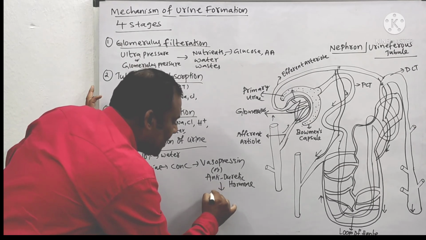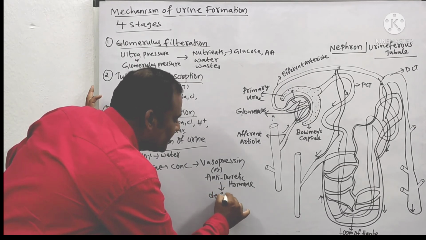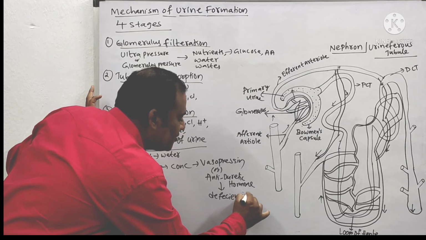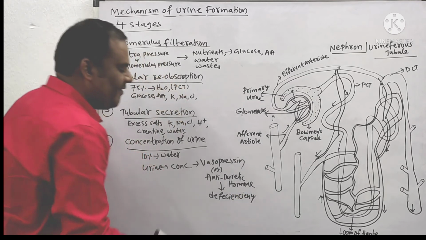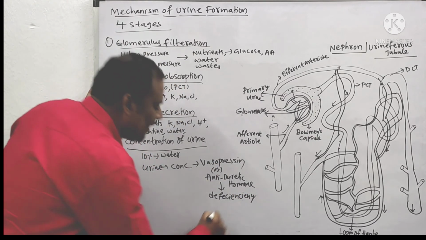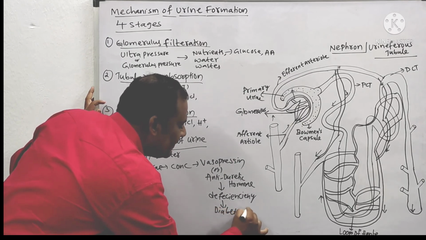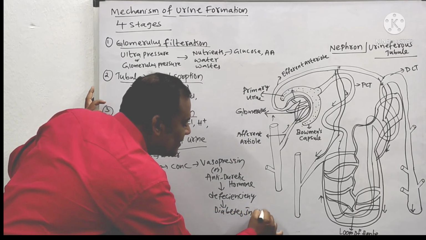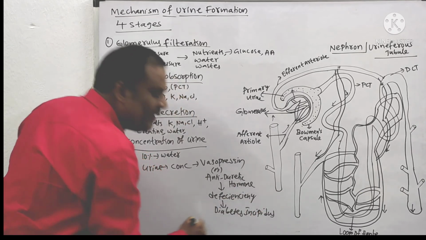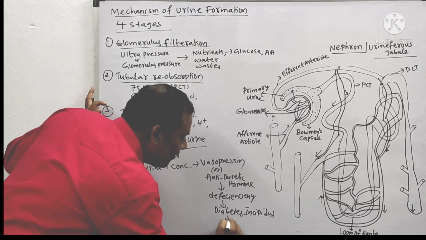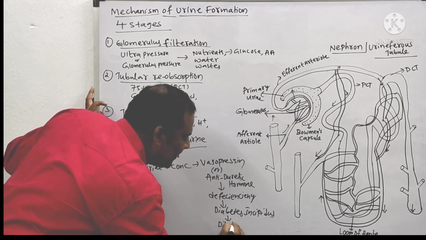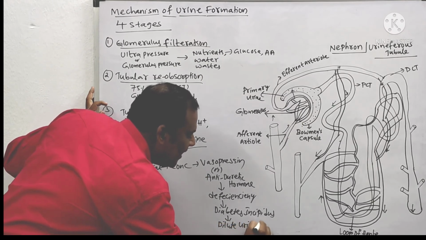For example, in some persons, this vasopressin is produced in insufficient quantities. When the deficiency of this vasopressin occurs, that leads to a disease called diabetes insipidus. In this, more diluted urine will be excreted out.